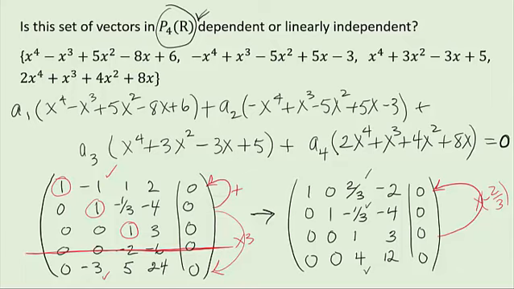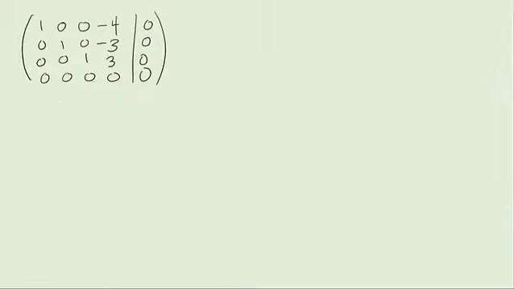I will multiply it by 1/3 and add it to the 2nd row, and I'll multiply it by negative 4 and add it to the 3rd row. That will give me zeros in the 3rd column other than the 1 that we have. So this is the matrix that you get after doing those 3 row operations.